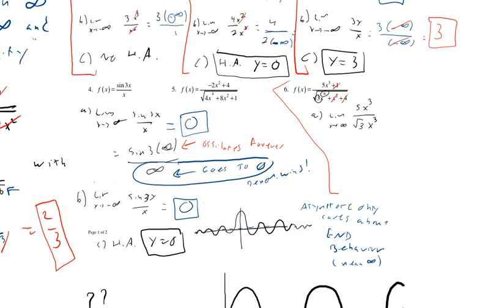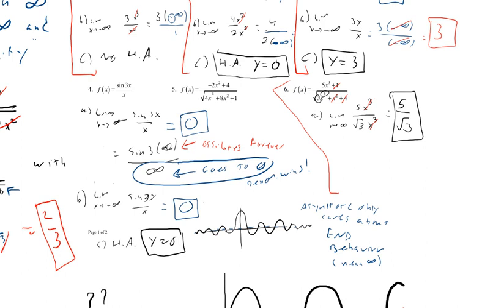I can cancel that, and so my answer for this one is going to be 5 over root 3, which is perfectly fine for a number. It's some decimal, 2.3156, who knows. But we leave it 5 over root 3. That's your value for that limit.